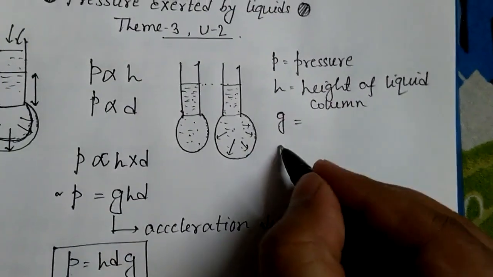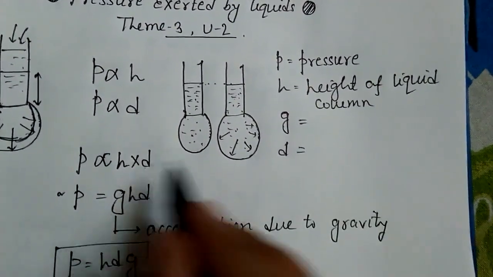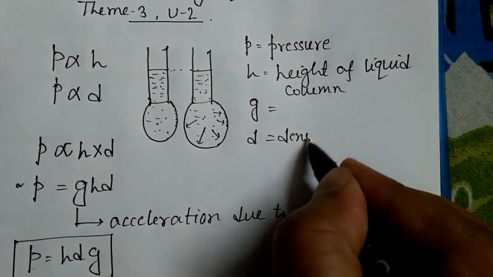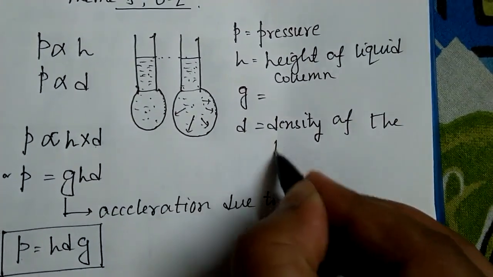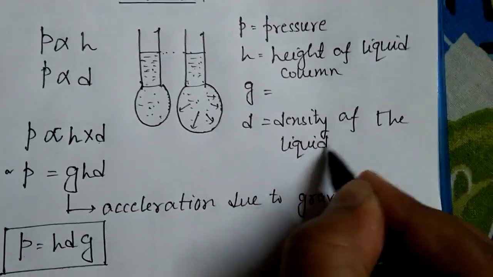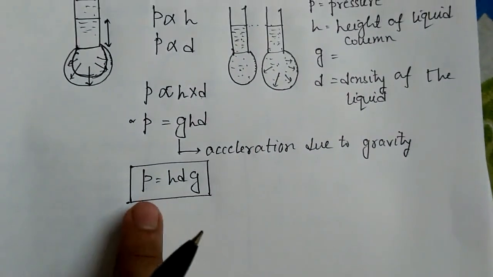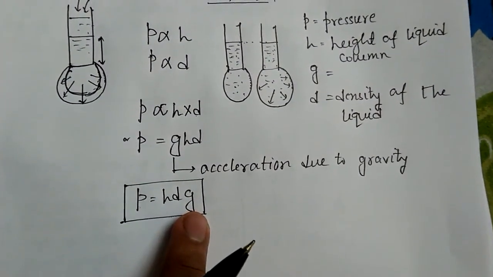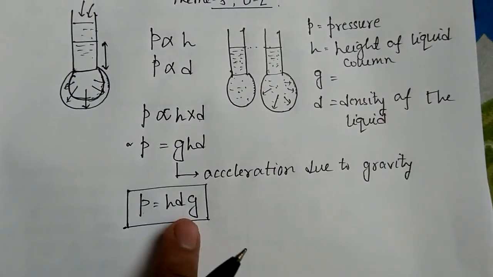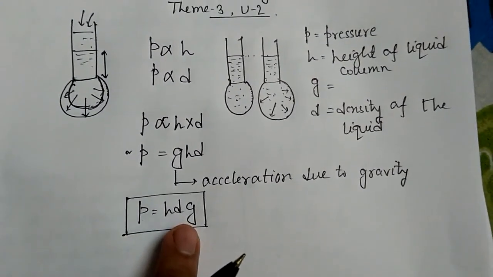And another thing, d, that is the density of the liquid. Is it okay? So if you apply this formula, pressure equal to height into density into acceleration due to gravity, then you can find the pressure under water or under any liquid.